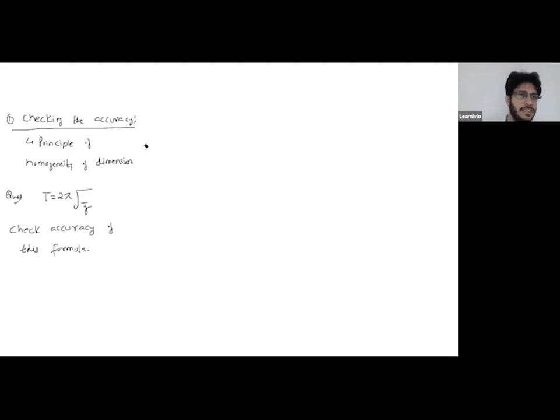T is the time period, which is actually a time. L is length, and g is acceleration due to gravity.